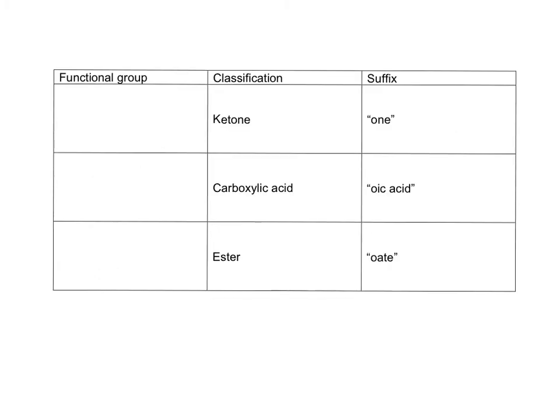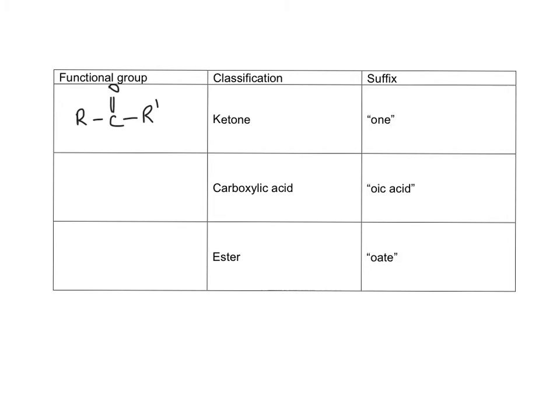A ketone also contains a carbonyl group, but it is not found on an end carbon. It's always in the middle of a chain somewhere. By middle, I don't mean exact middle, just not on an end carbon. Sometimes we represent these with R's. So we have an R and an R prime, meaning there's 2 different chain lengths on either side.